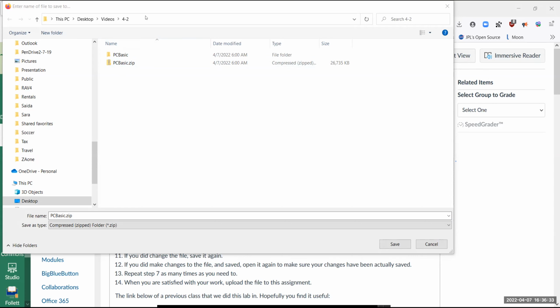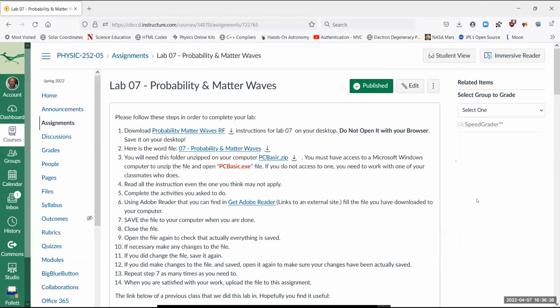Okay, I already saved it in this folder. So I'm going to go to this folder and share it with you so that you see exactly how that is. I'm going to stop sharing that and open that folder first. I think I did open it already, but just in case, let me open it again.